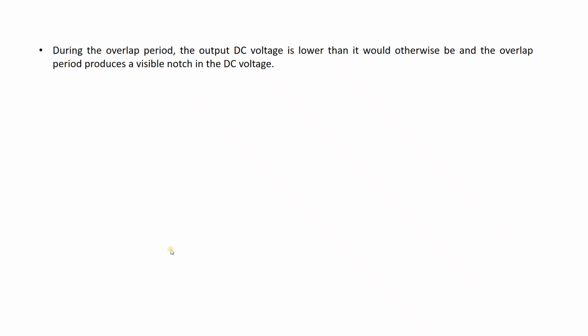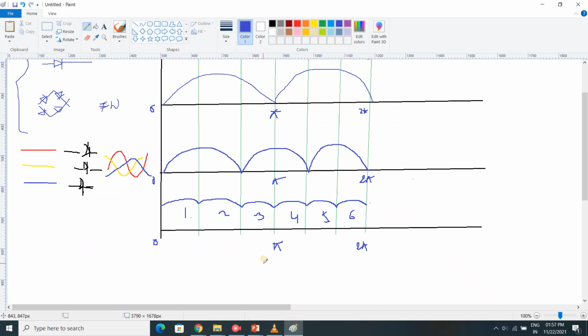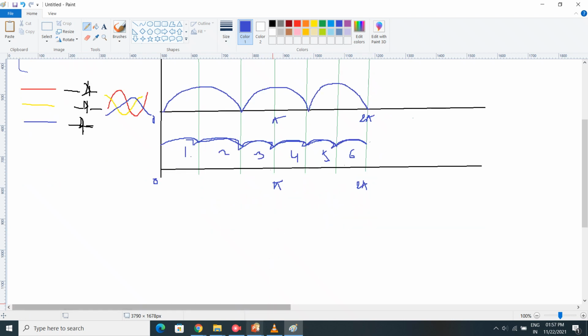During the overlap period, the output DC voltage is lower than it could otherwise be, and the overlap period produces a visible notch in the DC voltage. So generally a notch is observed, like this.